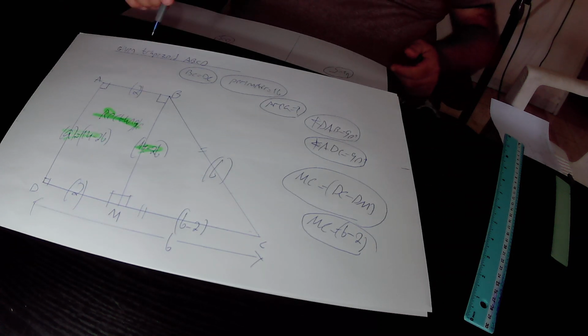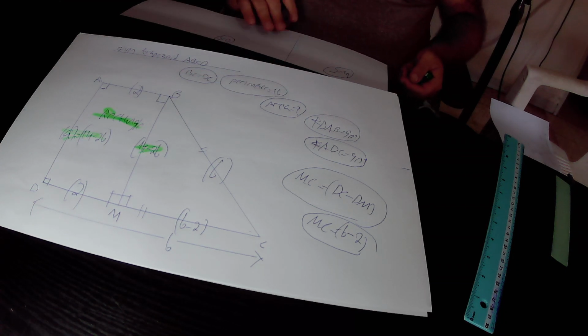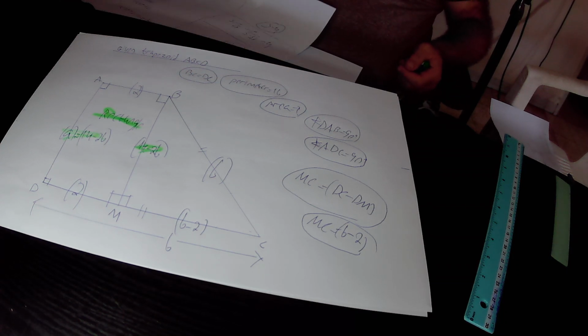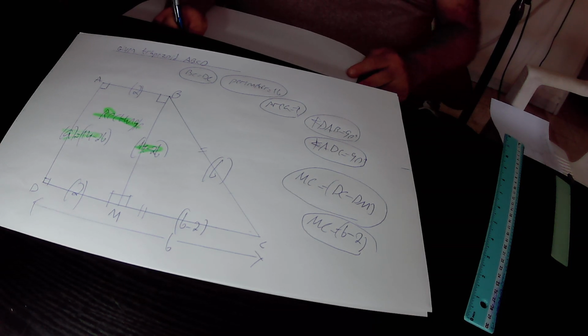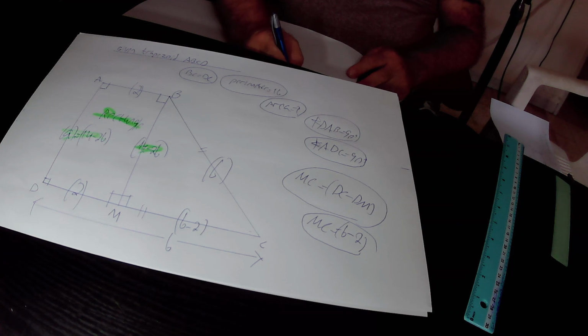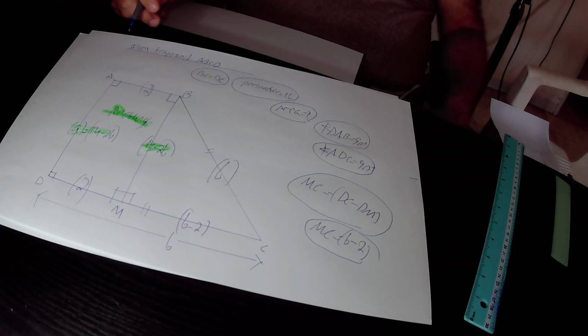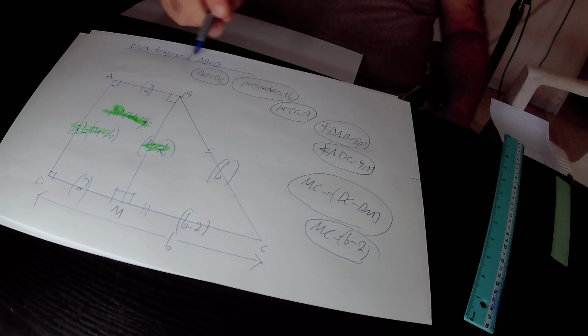Our mission is to find out the area of this trapezoid ABCD. So the area of trapezoid ABCD, according to the formula that I presented to you in the beginning of the lecture, must be equal to the sum of its two parallel bases, that is AB plus DC, times the height over 2.